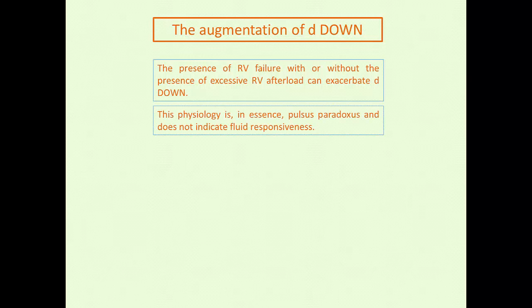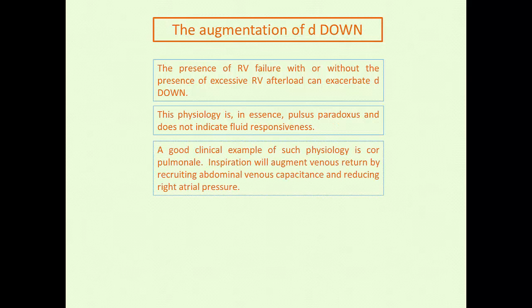So the augmentation of D down during spontaneous inspiration. The presence of a right ventricular failure with or without the presence of excessive right ventricular afterload can exacerbate D down or delta down. This is in essence abnormal pulsus paradoxus physiology and clearly does not indicate fluid responsiveness.